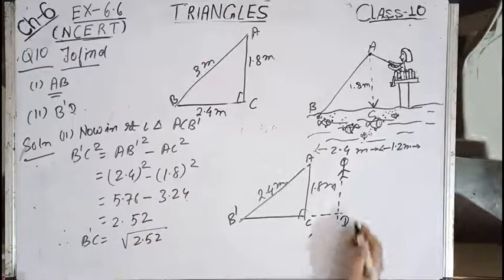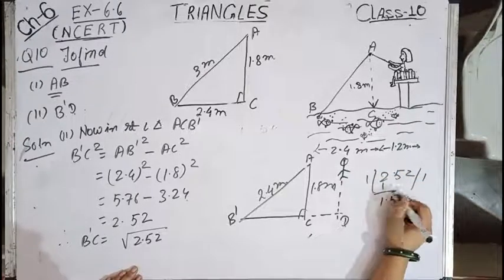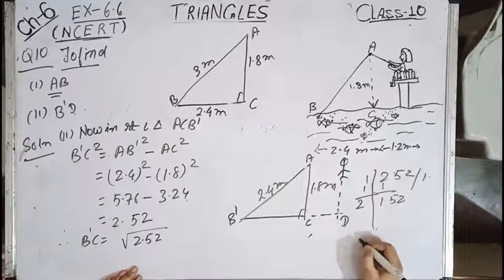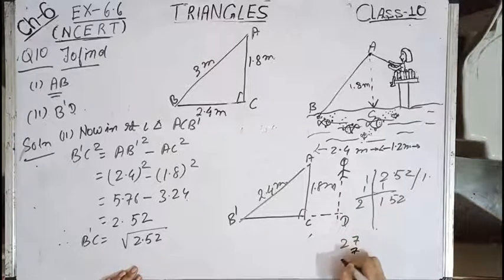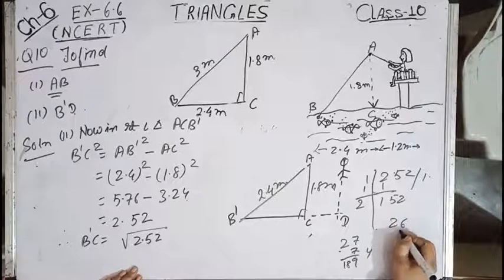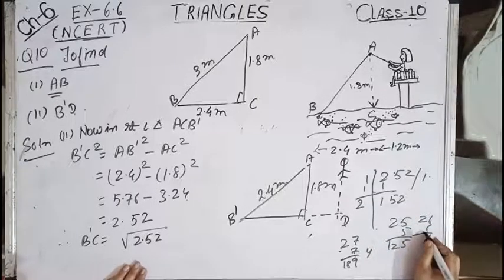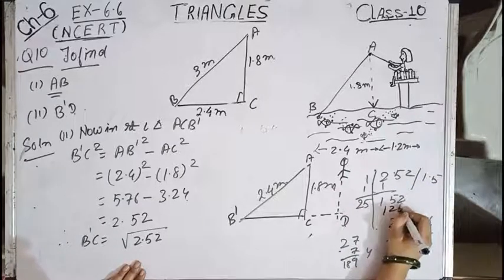Now this value we have to take out. So the square root of 2.52. Let us check: 1 1s are 1, then 25 5s, and 26 6s are 156, which is more, so it will be 1.5.